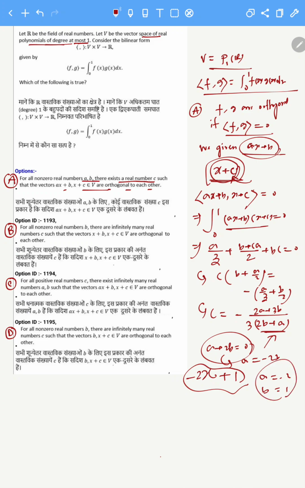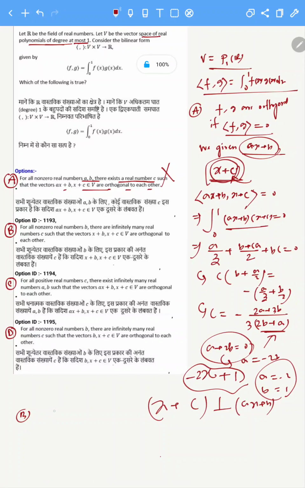For that case there does not exist any such c so that x plus c is orthogonal to ax plus b. So this option is wrong. Similarly we can go with option B.